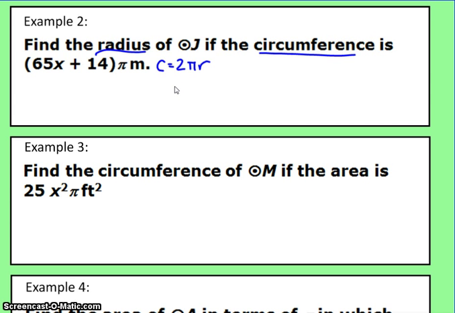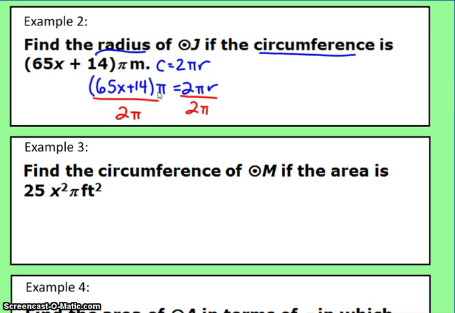I know that the circumference is 6x plus 14 pi, and that's why I'm going to replace c. This goes in for c, and I have 2 pi r. Now I want to solve for r and get the radius by itself, so I divide both sides by 2 pi.